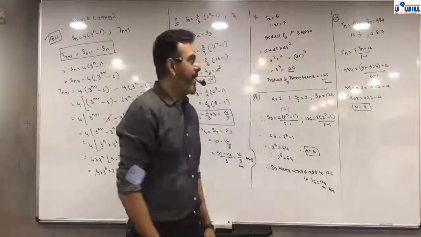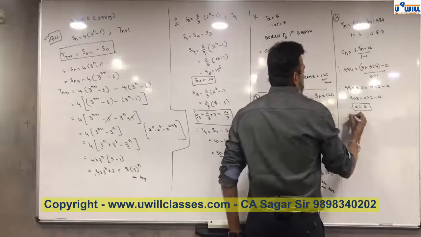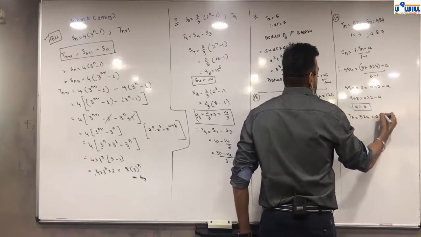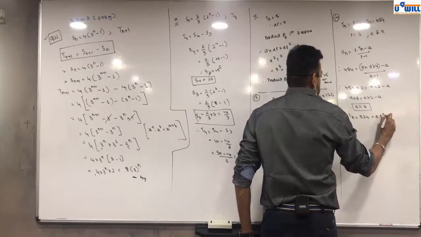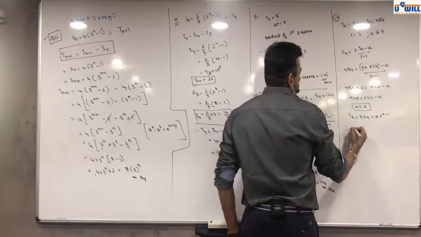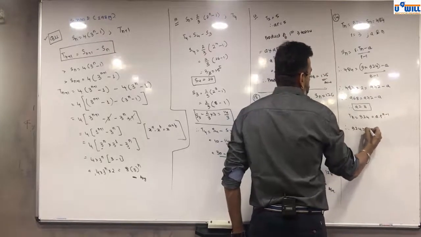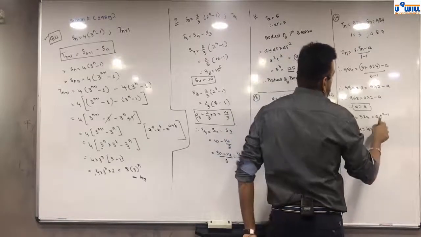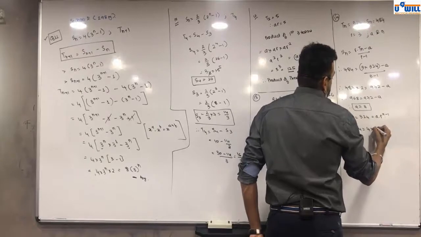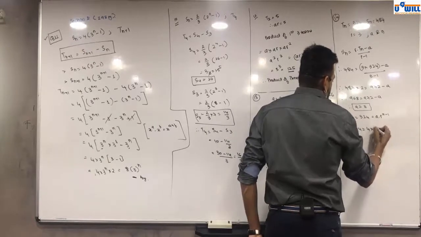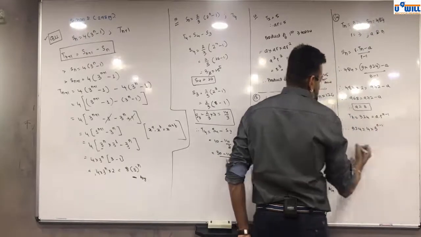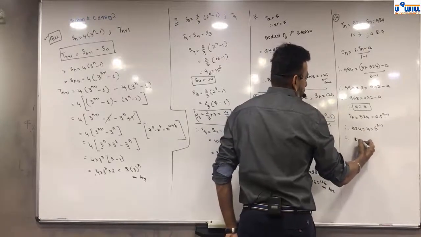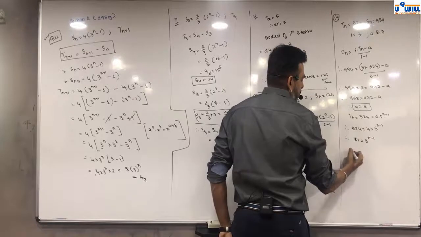Now we have to find n. Tn is equal to 324, which is equal to A into R raised to n minus 1. Therefore, 324 is equal to 4 into R, R is already given, 3 raised to n minus 1. 324 divided by 4, 81 is equal to 3 raised to n minus 1.